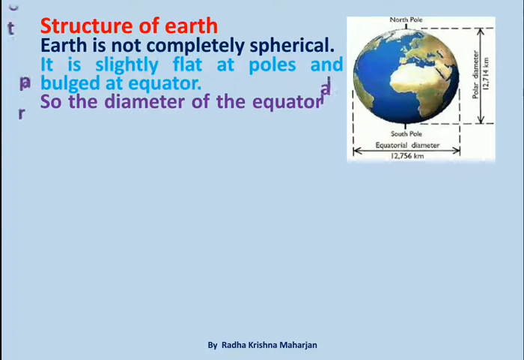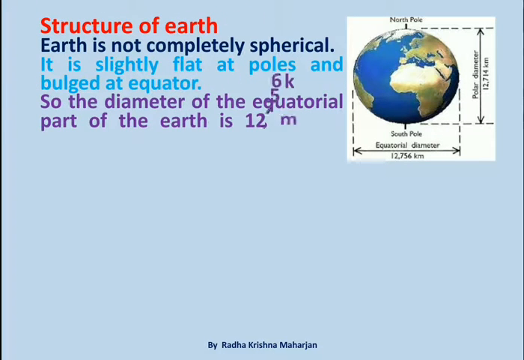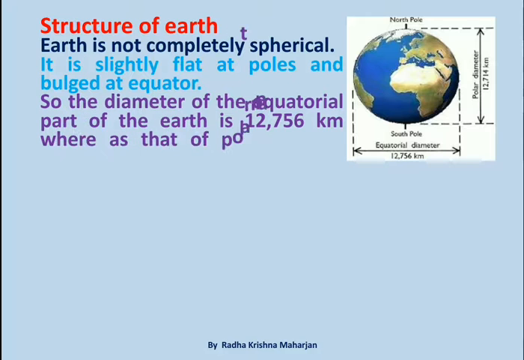So the diameter of the equatorial part of the Earth is 12,756 km, whereas that of polar part is 12,714 km.